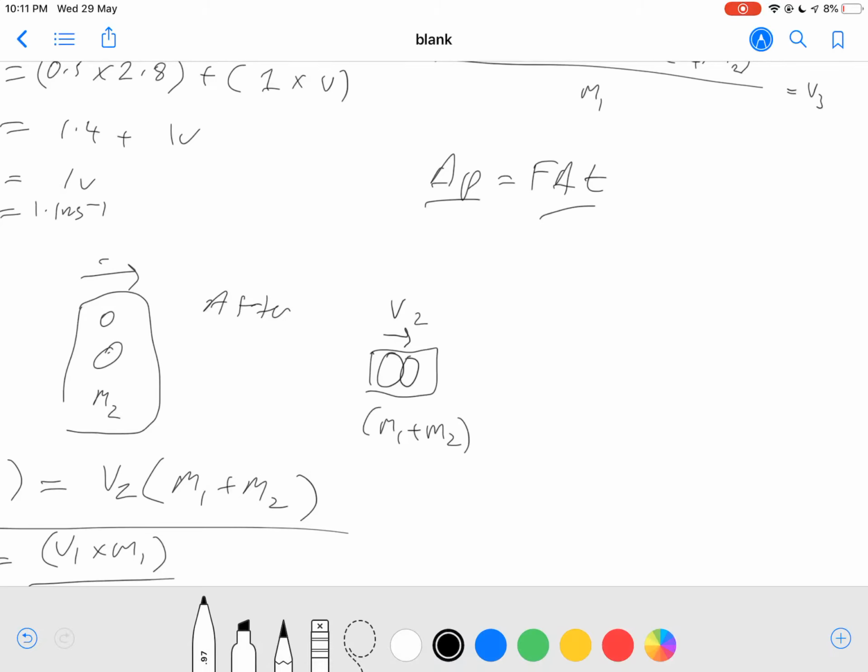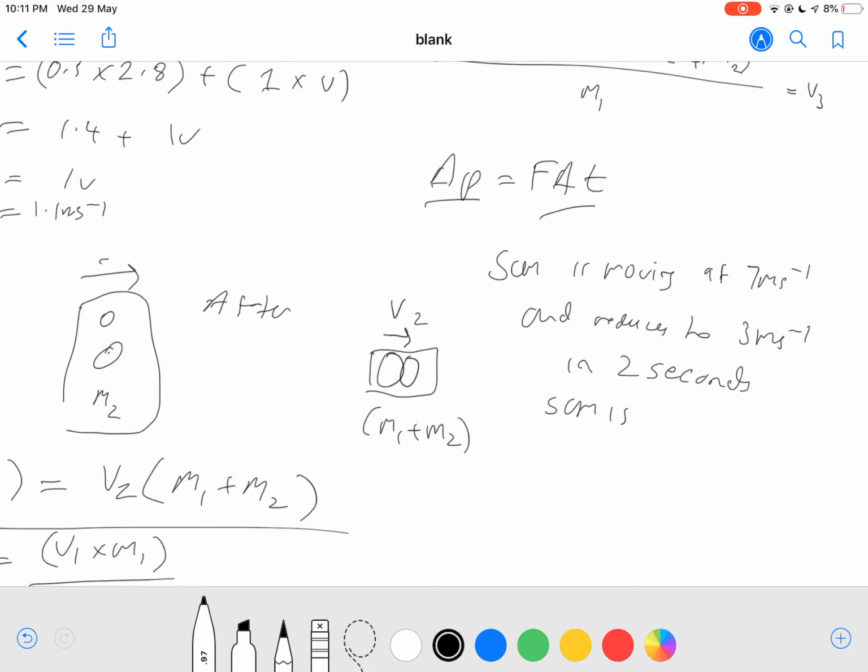An example question might be: Sam is moving at 7 meters per second and reduces to 3 meters per second in 2 seconds. Sam is 65 kilograms. You don't know the force.